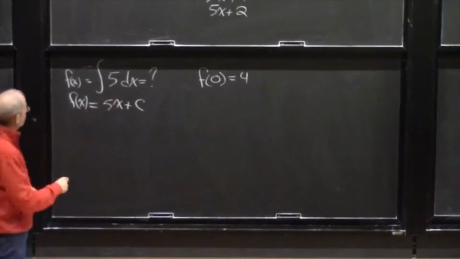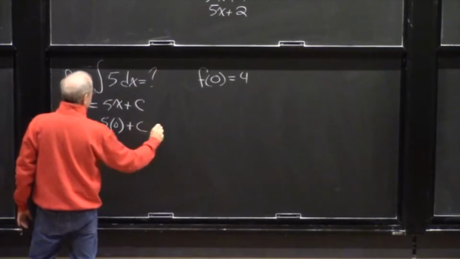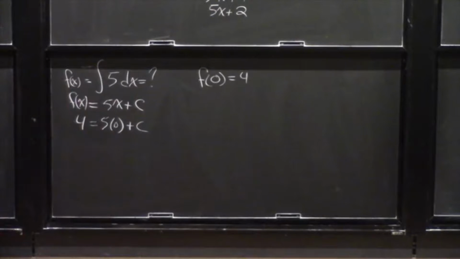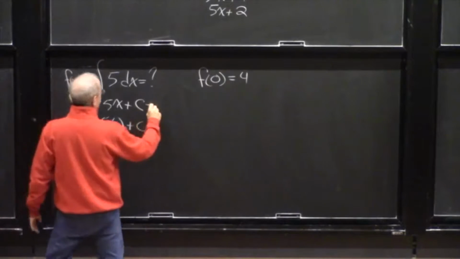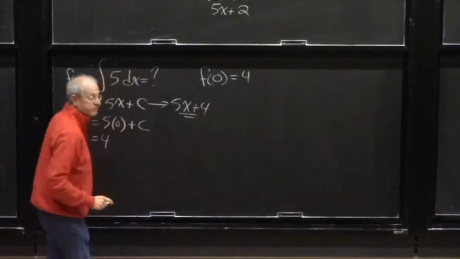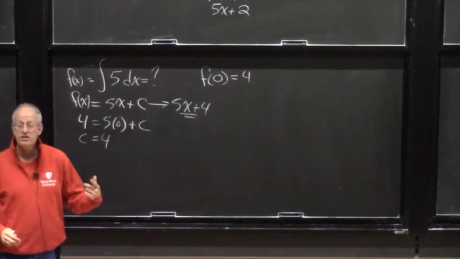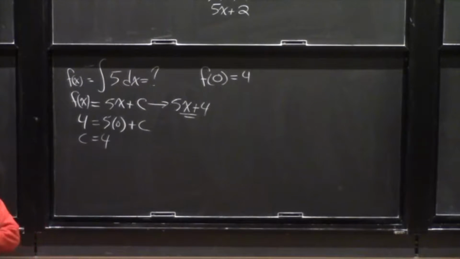And since f of 0 is 4, I now know that 4 is 5 times 0 plus the constant. 5 times 0 is 0, so the constant must be 4. Therefore, the equation is 5x plus 4. So if I give you a little additional information, you can often figure out what the constant is.